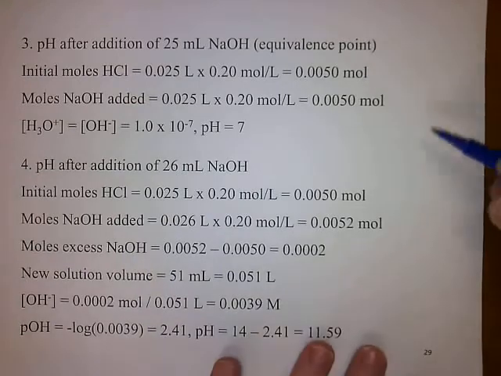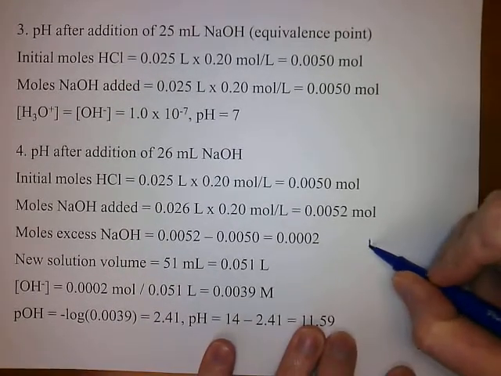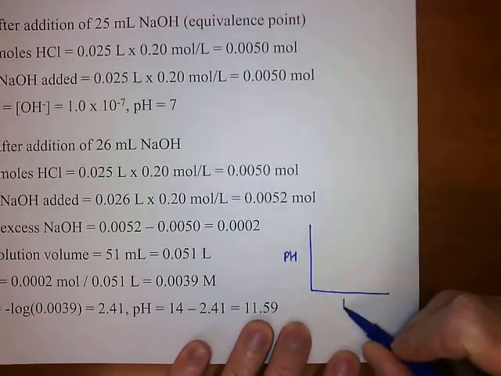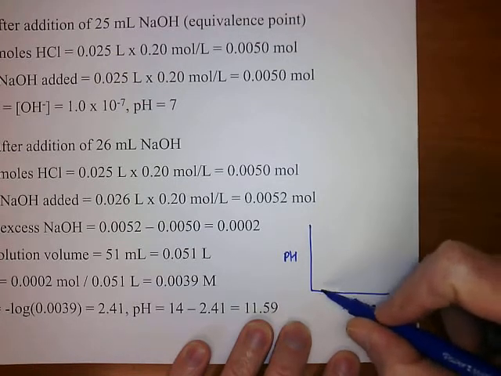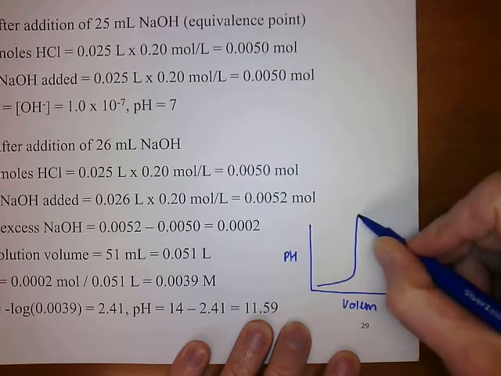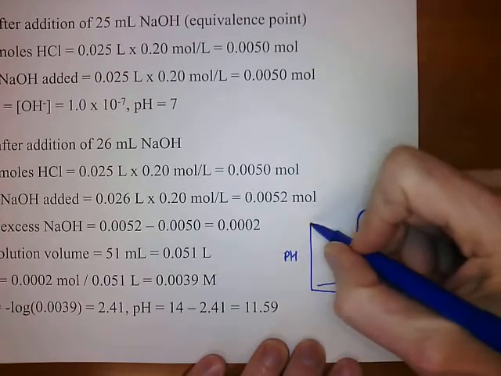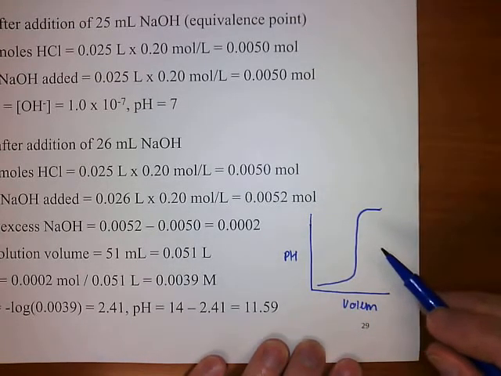Now, when you titrate a strong acid with a strong base, if we were to make a graph of pH versus volume, we would get a graph that looks like this. You get this S-shaped curve. There are a couple of important features.